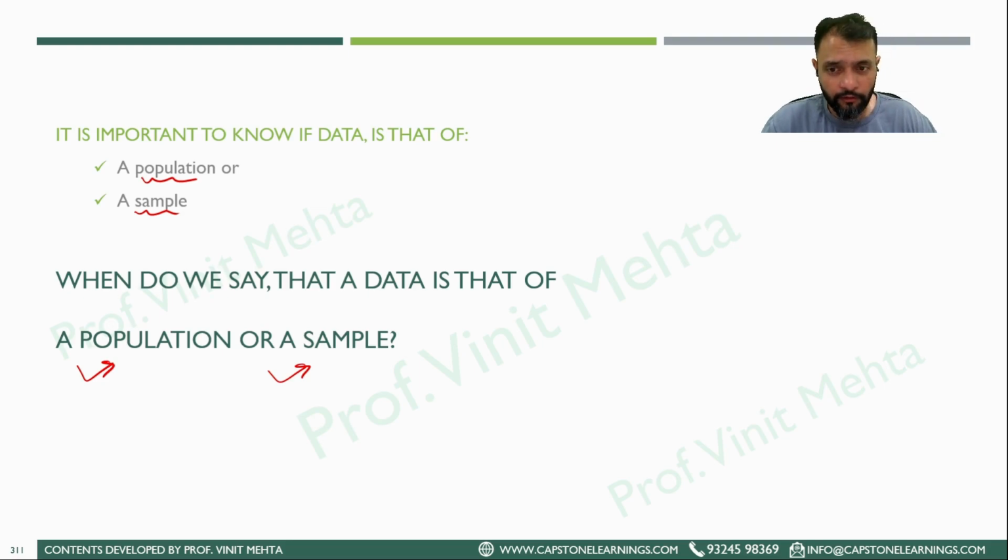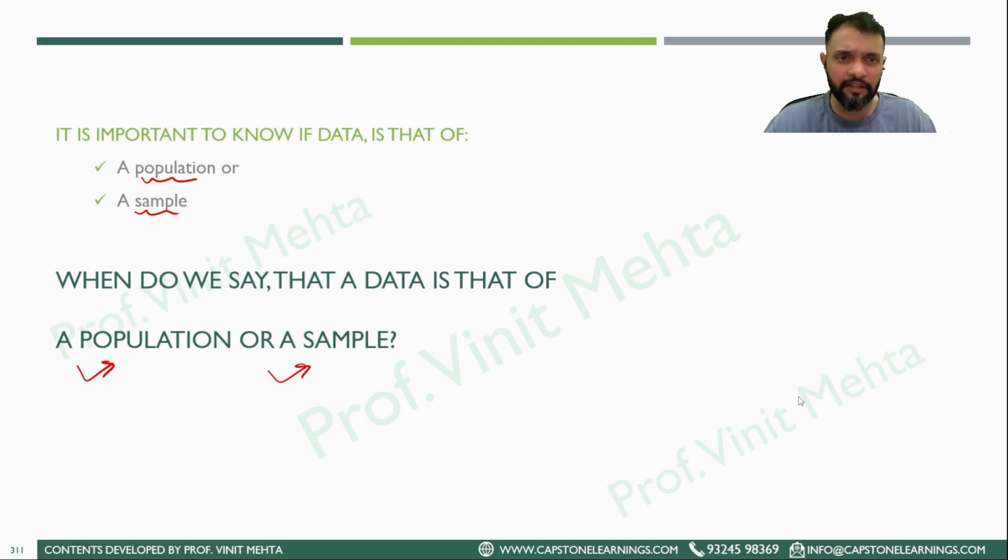First of all, how do we identify a data set as a population or a sample? Very simple, as she actually highlighted. Irrespective of the number of data you have, you could have 30 data, 20, 50, 500, or even thousands. We say that a data set is a population when it covers all the possible outcomes.